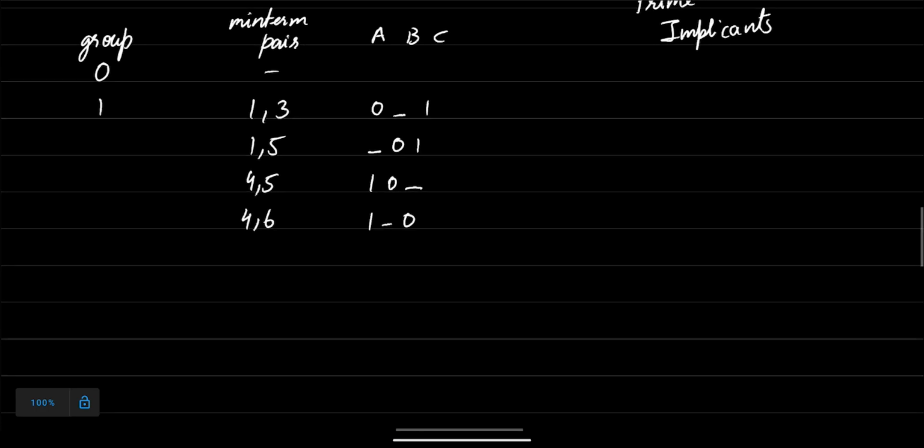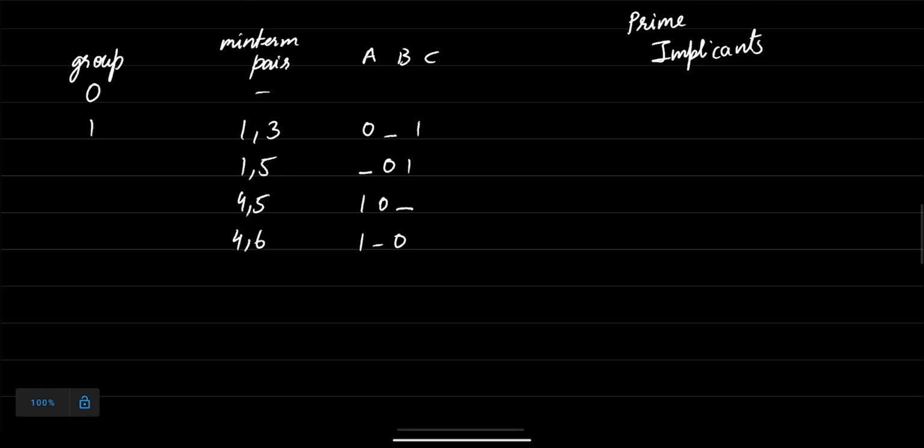So we are going to write out the implicants in the last table as follows: A bar C, B bar C, A B bar, and A C bar. Now, how we come up with these implicants is by looking at the relation of each of these bits and also whether or not they have a dash.